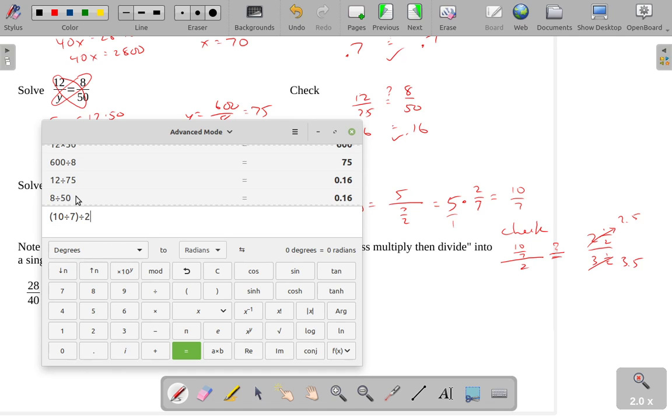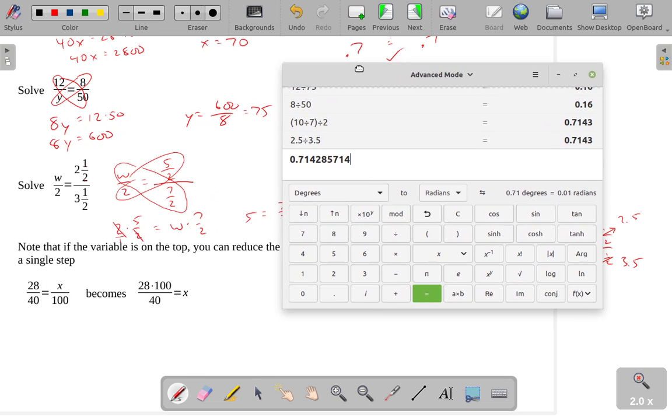Notice I put the top part of this fraction in parentheses. I end up with 0.71428571428, whatever, some decimal. Now let's try 2.5 divided by 3.5. You can see we get the same decimal.